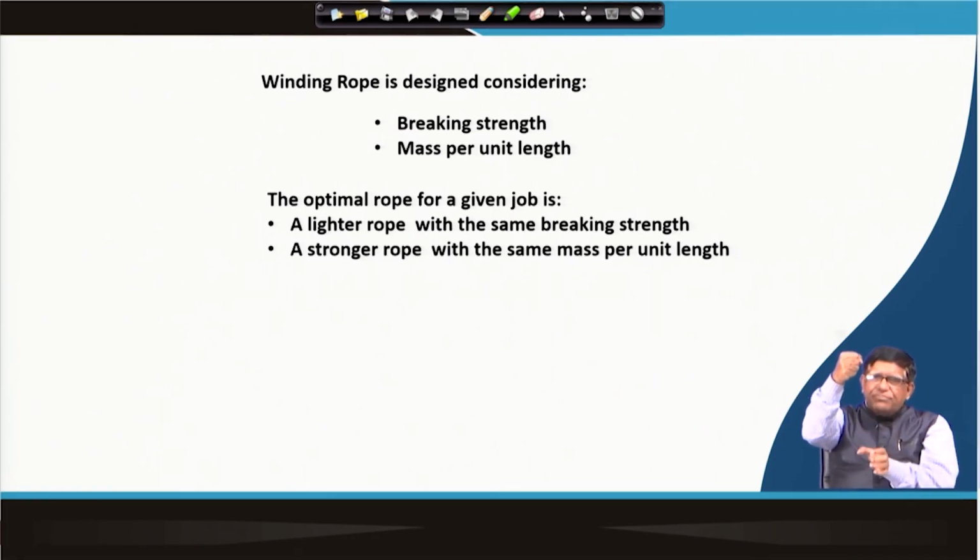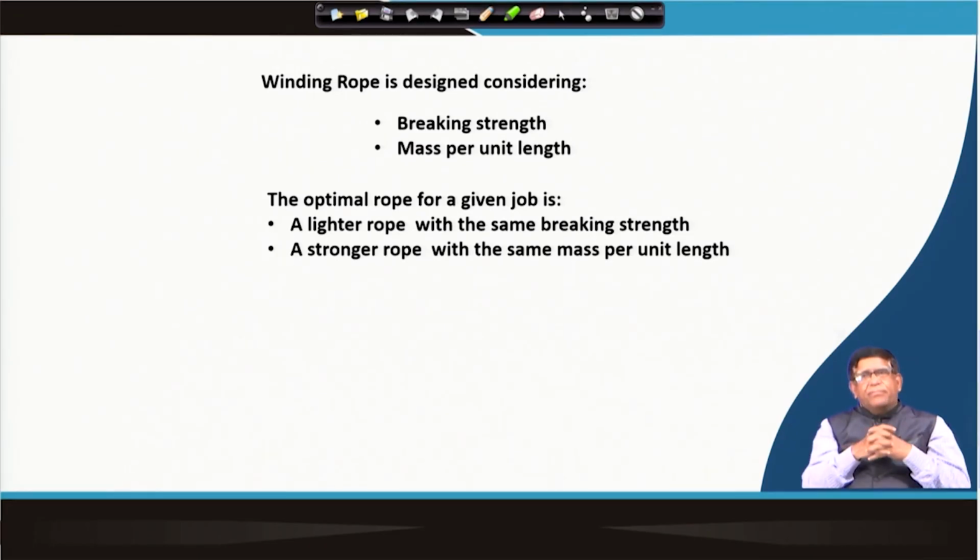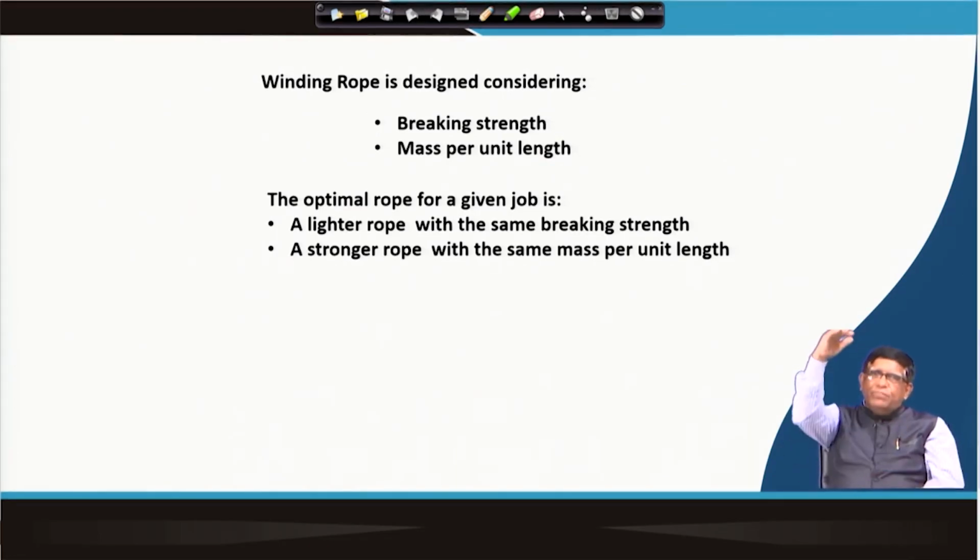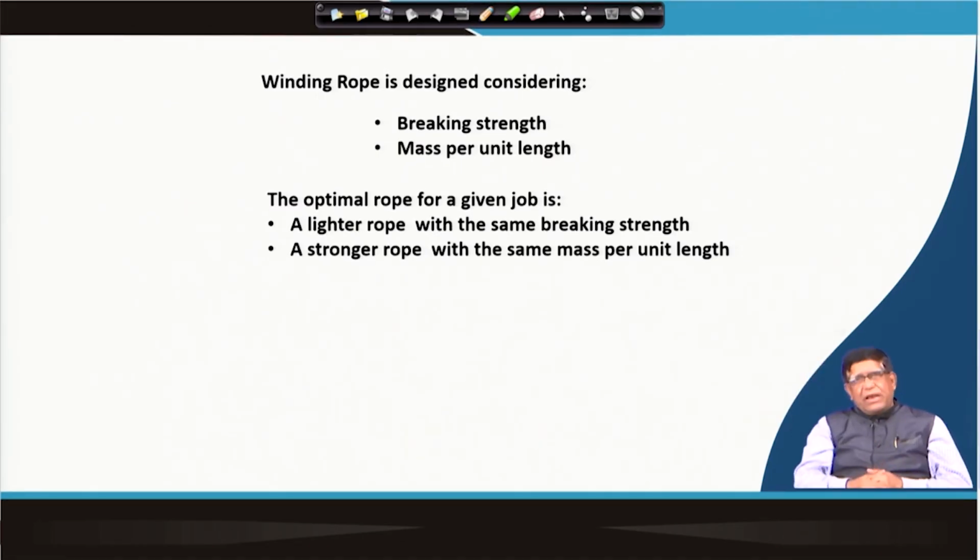Then after some time, due to its self weight, the load will be so much that it exceeds the rope's breaking strength, and it will break. So, there is a limit for a given diameter or given strength of the material on the maximum length you can have.